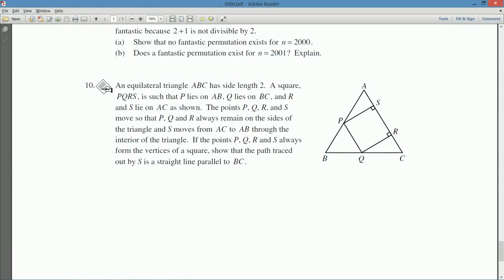Show the path traced out by S is a straight line parallel to BC. Okay.